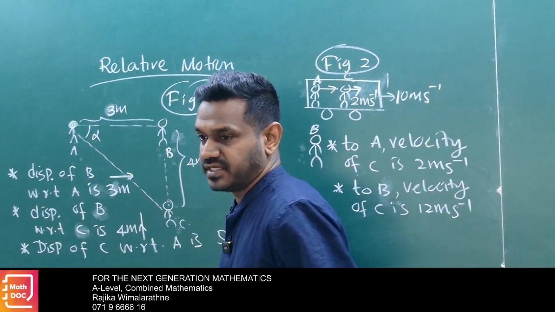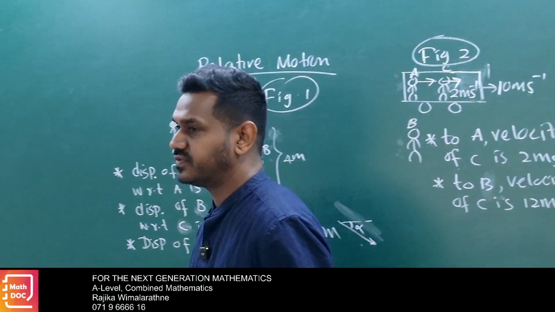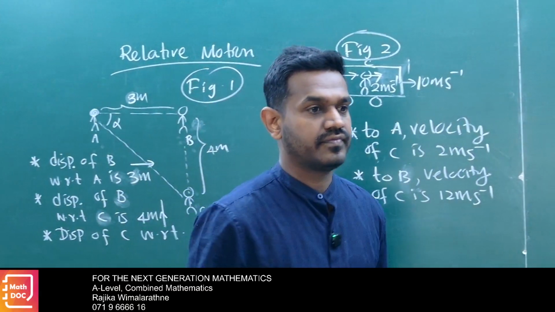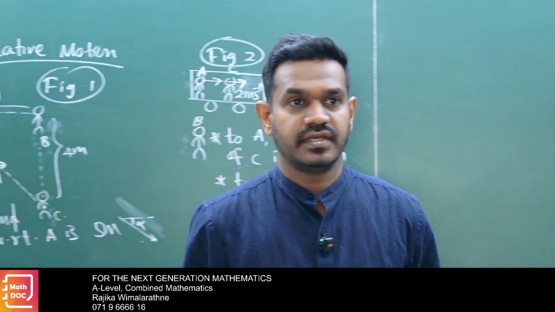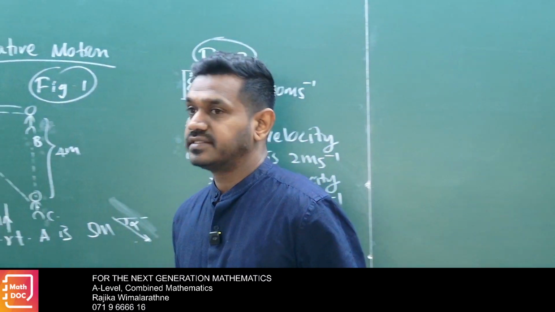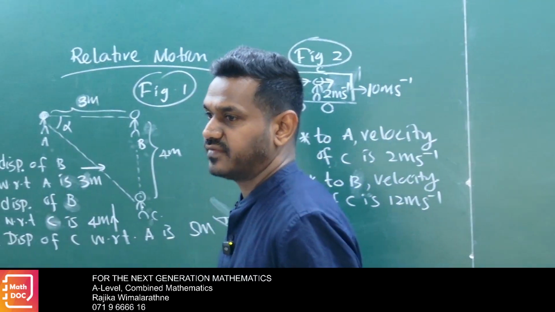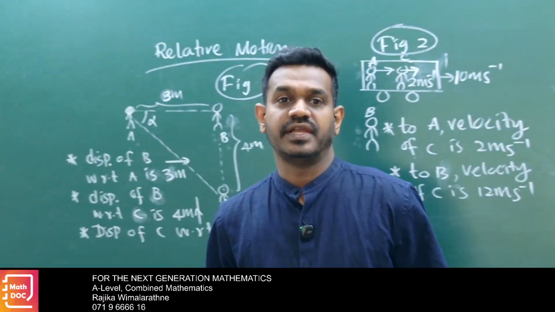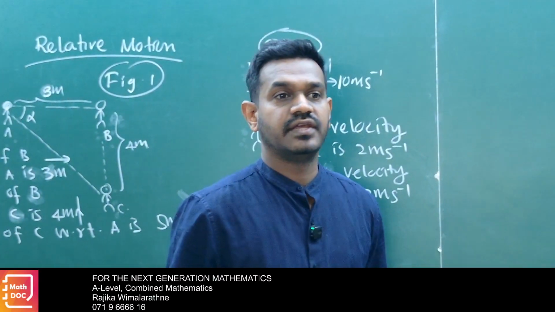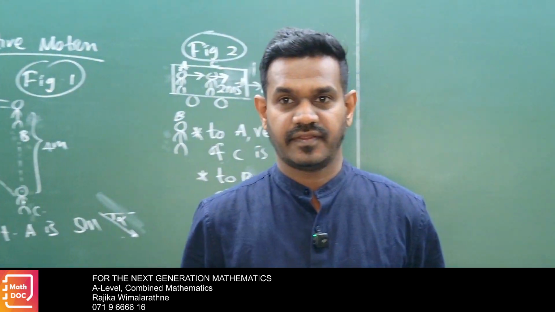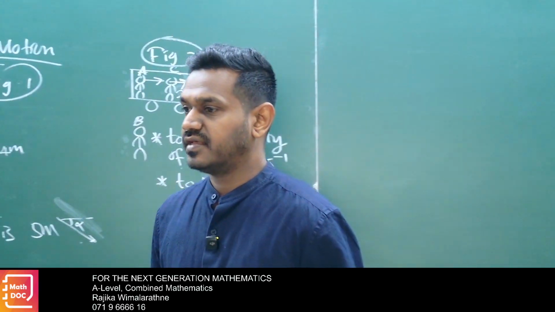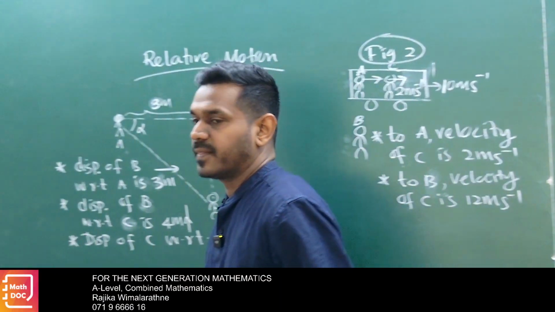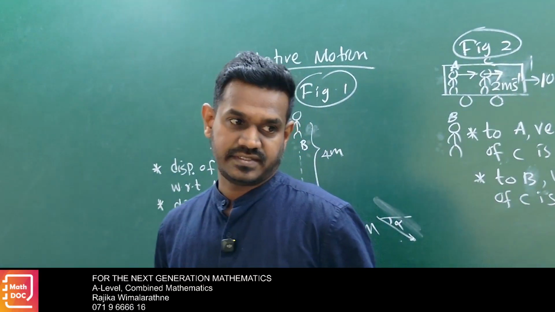And C can observe, simply, B is 4 meters due north. They are relative displacements.